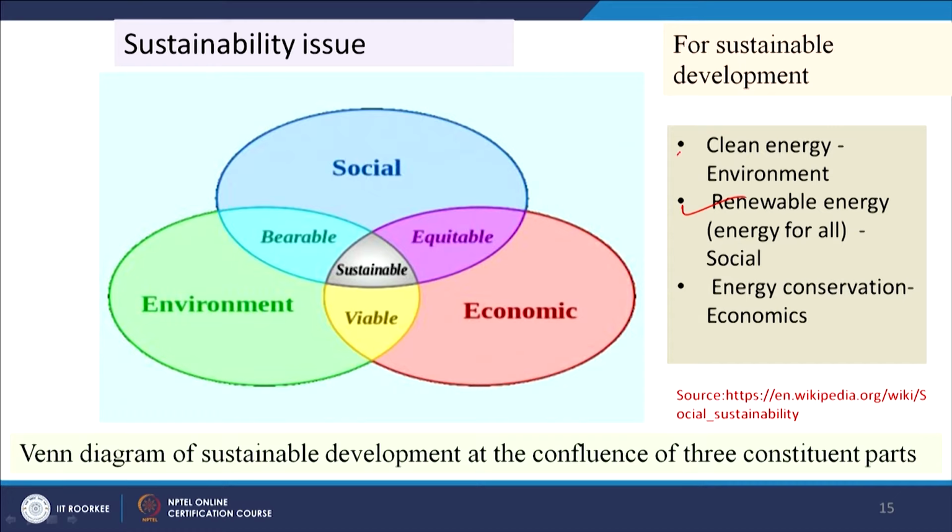So, clean energy is for environmental bearability, and then energy conservation is very important, to use less energy to perform the same amount of work, so that we can preserve some amount of fossil fuels for our future applications. So, that is the concept of energy conservation, and these are related to sustainability issues.